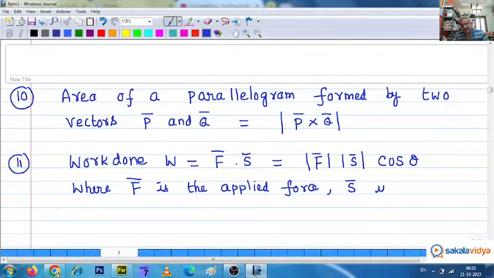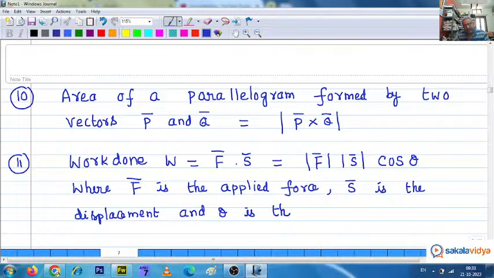S bar is the displacement, clear? And theta is the angle between F bar and S bar.